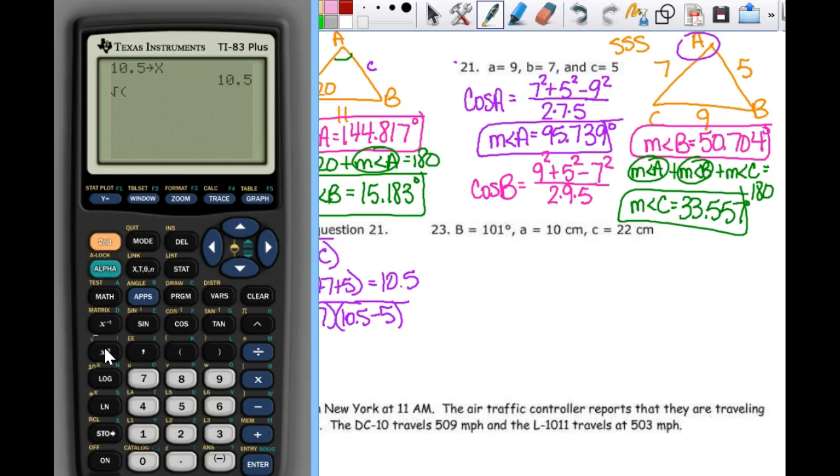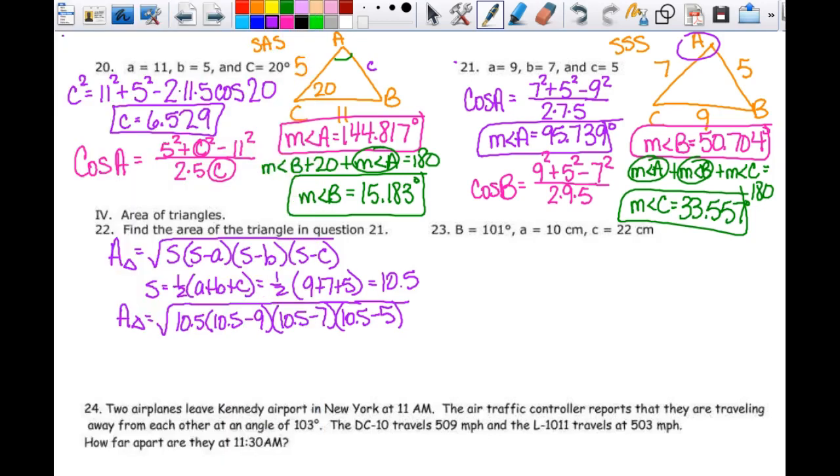So when it opens my little parentheses here, x times x minus 9 times x minus 7 times x minus 5. It's not going to solve for x for me. It doesn't work if I didn't store it in there correctly. Everywhere you see an x, it's going to automatically put that 10.5 in there for me and do it all together. And there's my answer.